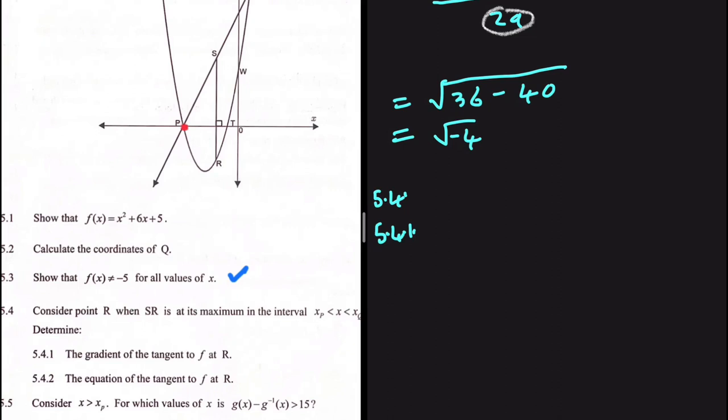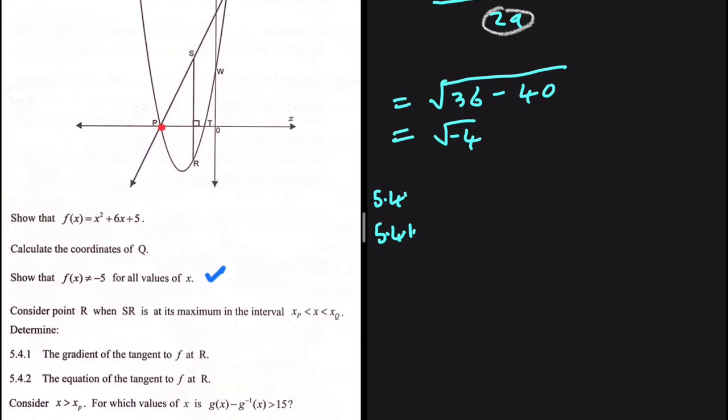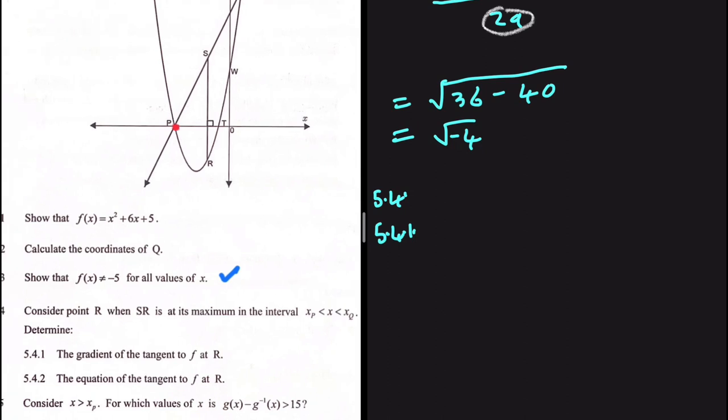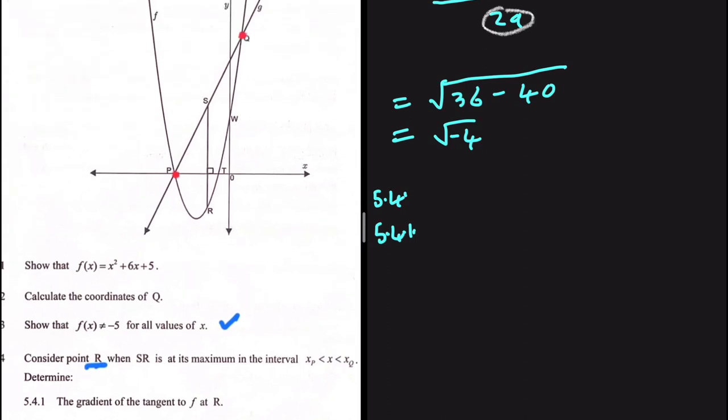The gradient of the tangent to f at R. So let's look at this opening statement and see if it can help us find the gradient of the tangent to f at R. So let's consider point R. Point R is right here. SR is at its maximum in the interval between x of P and somewhere here x of Q.